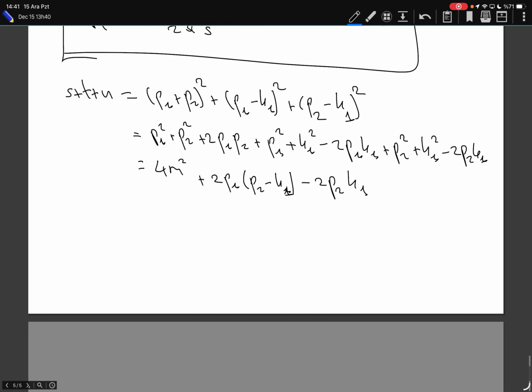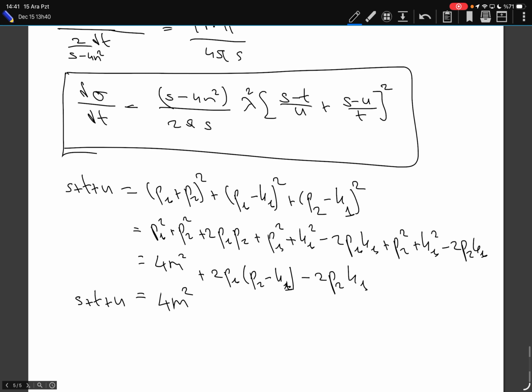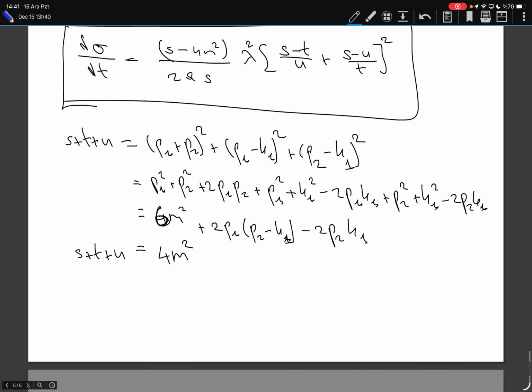Well, okay, if you play around a bit, I don't see it straight away now, this will be just 4m squared. There's also T squared and K squared right over there. It has 6, right? There are 6, yes. When you play with the kinematics a bit, you will see that S plus T plus U is actually 4m squared. So S is a constant for us. S is constant, so T and U depend on each other. They should depend on each other.